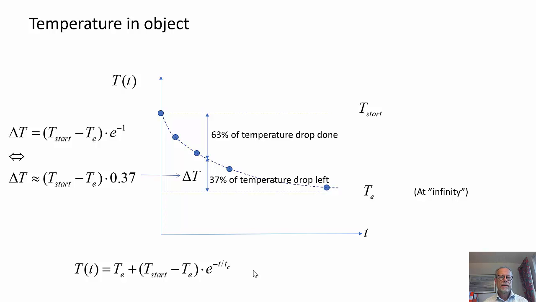To understand how long things take and couple it to this characteristic time: if we have e to the power of -1, which is roughly 0.37, we can see that 63% of the temperature change has been reached at this characteristic time, and there's still 37% left of the total temperature drop.